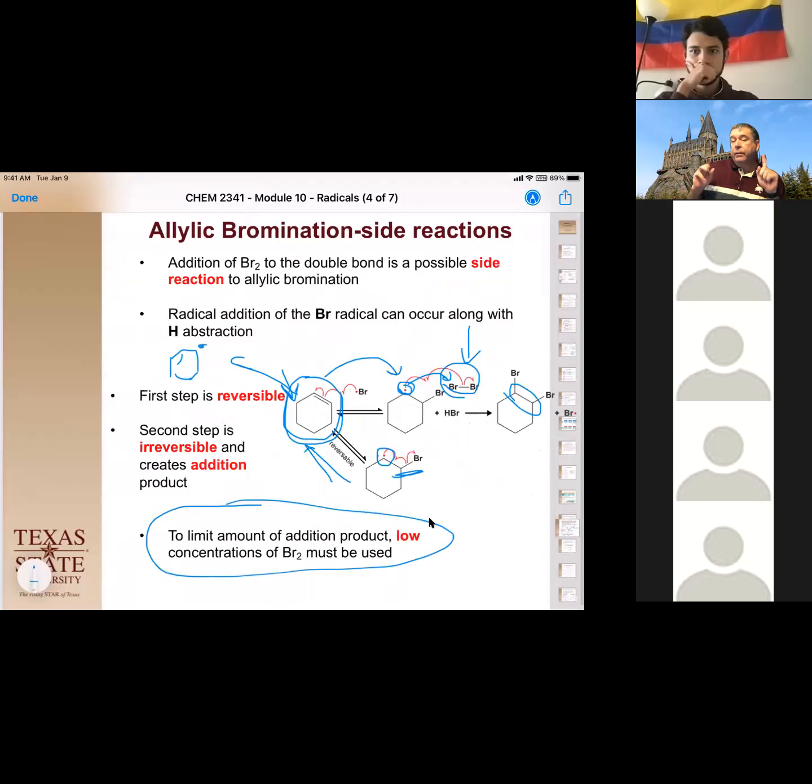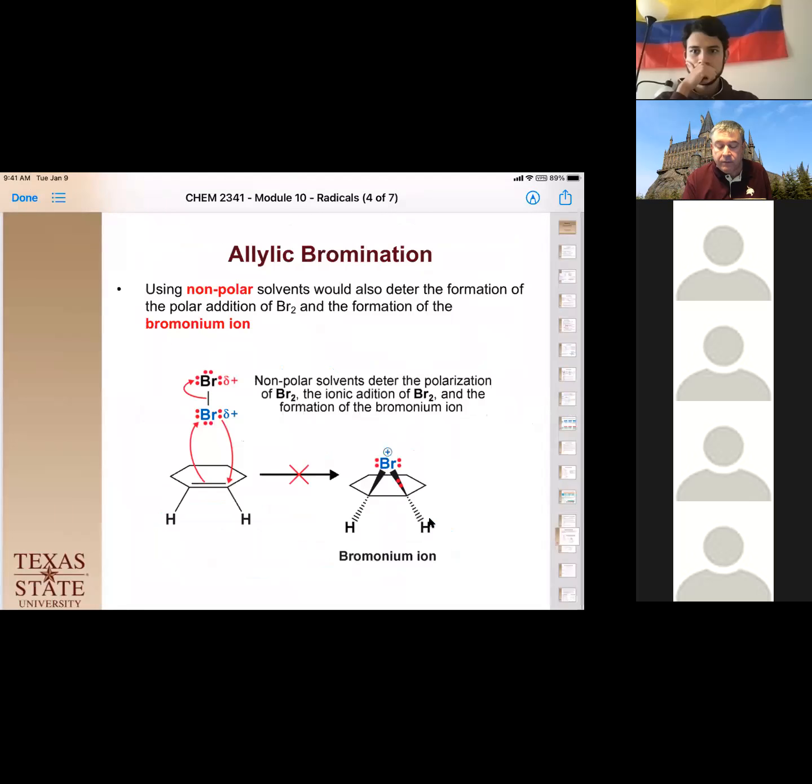Well, the other cool thing is that we can also control this another way. What really helps in this system is, number one, to have a low bromine concentration, but also to use a non-polar solvent. If you use a non-polar solvent, it can't form the bromonium cation intermediate right here.